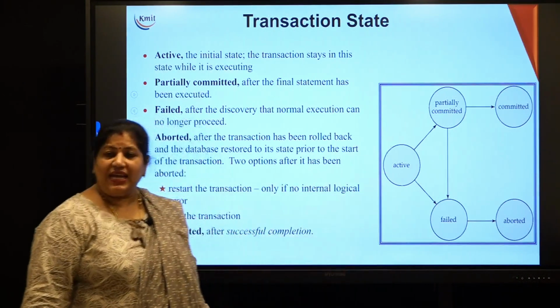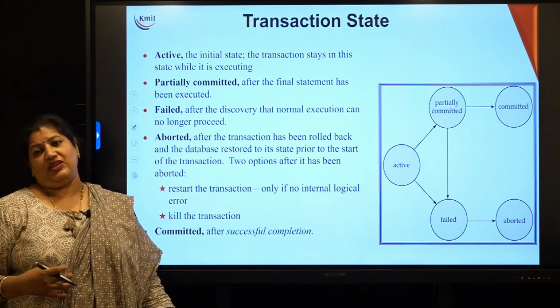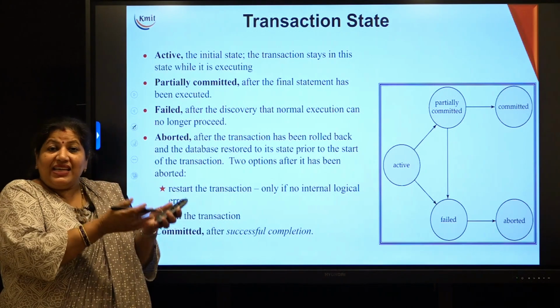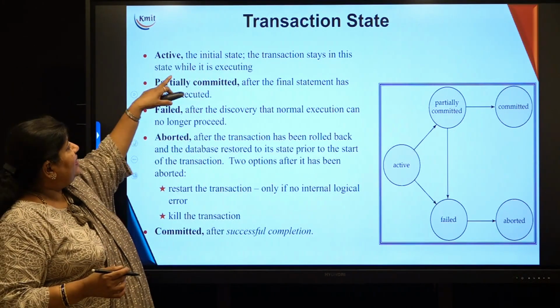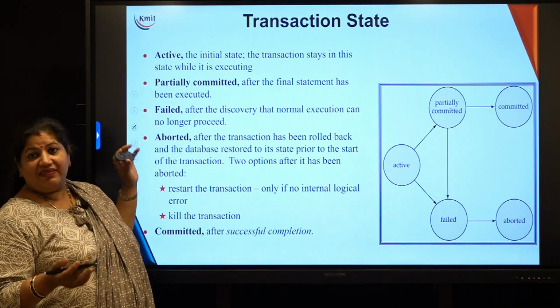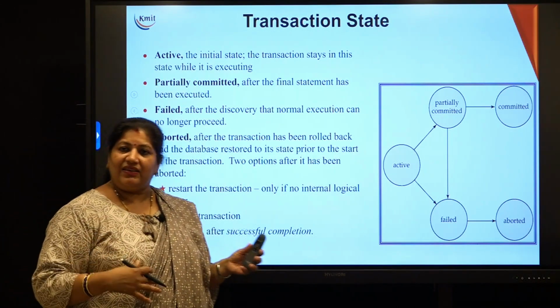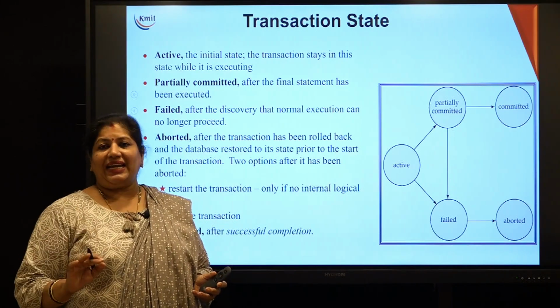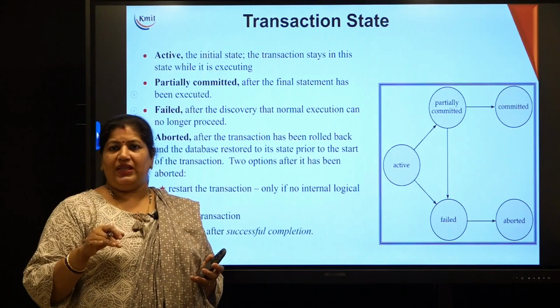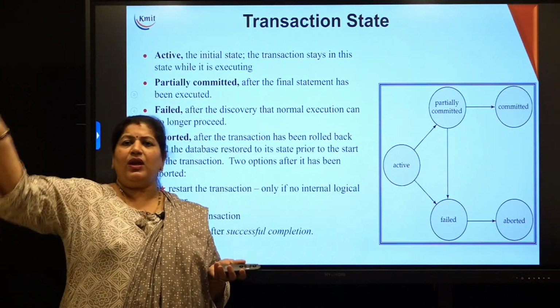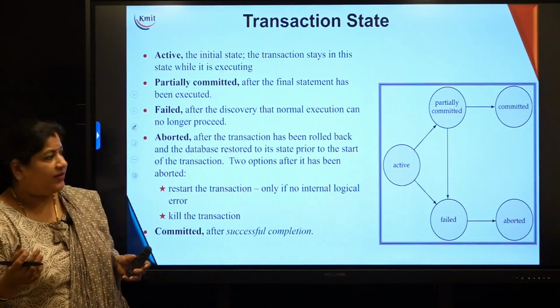An active state is the initialization of the transaction. When I start the transaction, it is the initial state, and as long as it is executing, I say that it is in an active state. That means you have started reading the data into the main memory, the so-called RAM, from your hard disk or server, wherever it is.